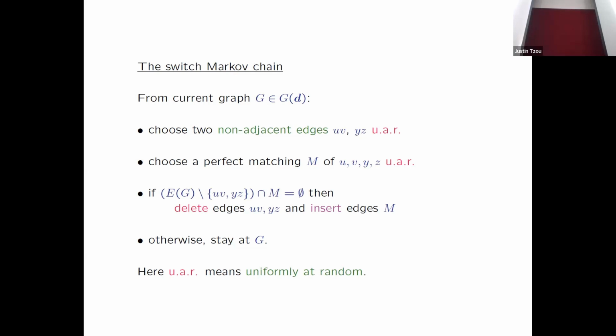Because we don't want that. If you're not creating any multiple edges, you go ahead and make that change. You rip out the 2 initial edges and you put in the edges of M. And otherwise you just stay put and it still counts as a transition of the chain. Okay, and uniformly at random is UAR. So that's how we do our switches.